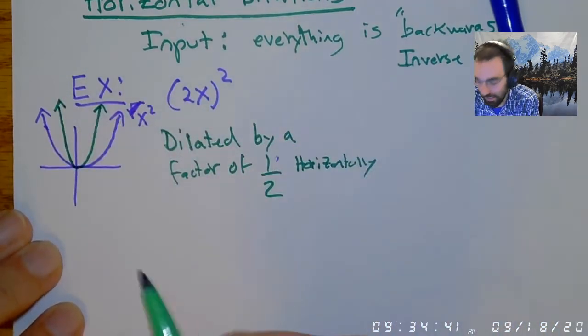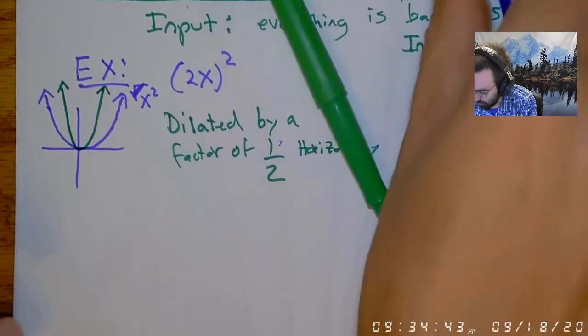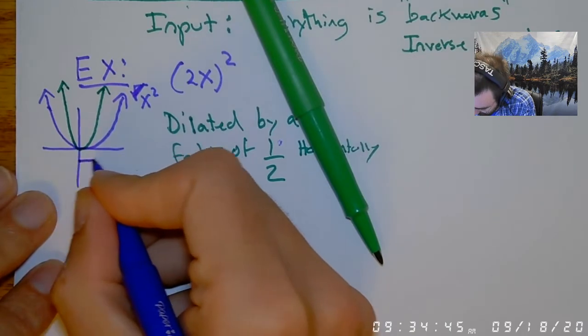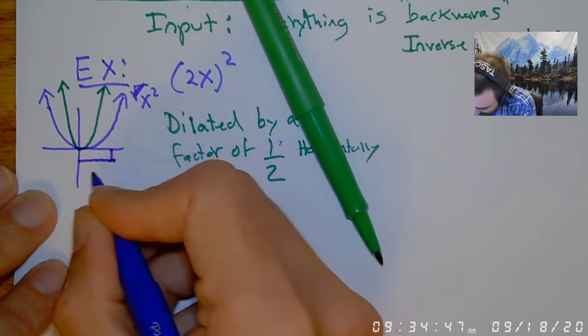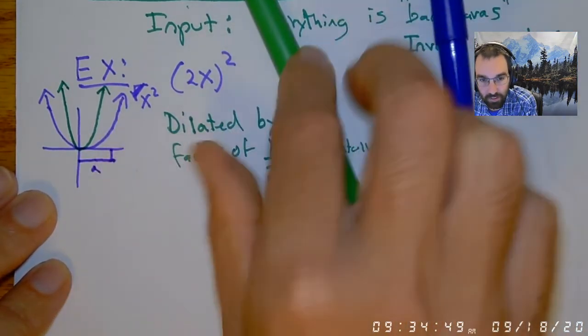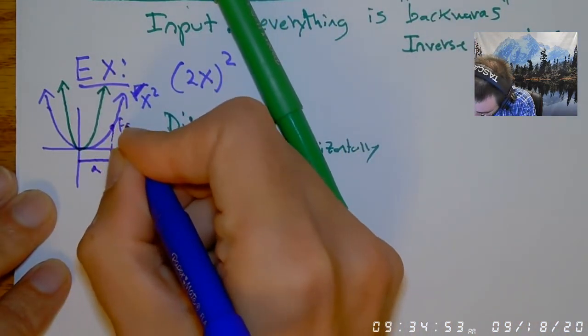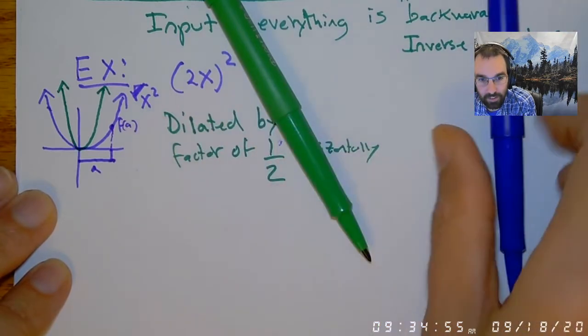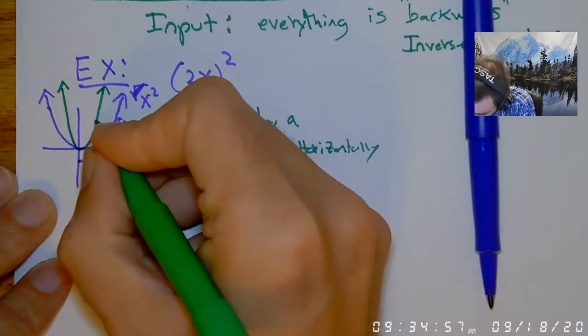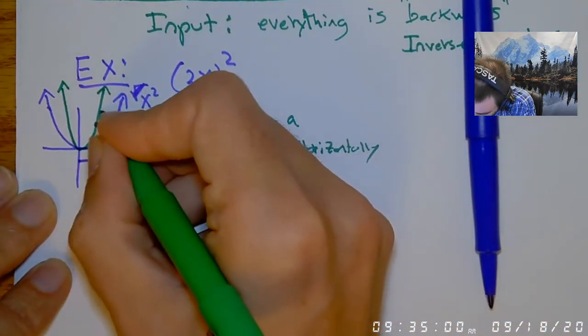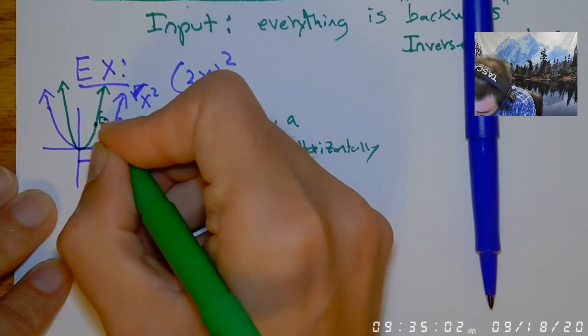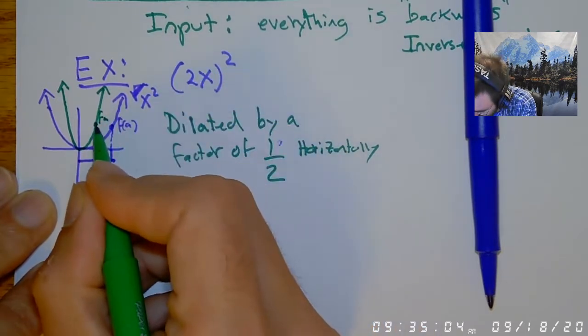Okay, and this is what it means visually. So take a look at the distance from here to here. Let's call that A. Okay, and let's say that is f of A. Okay, to get the same output, like this.